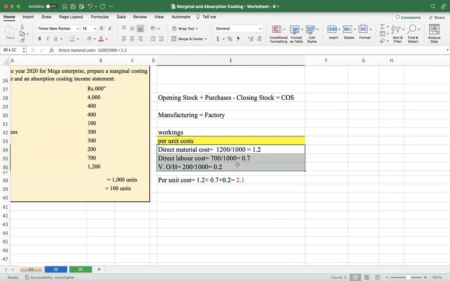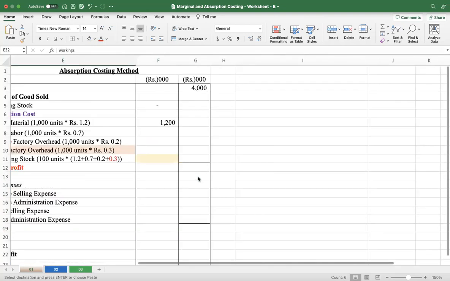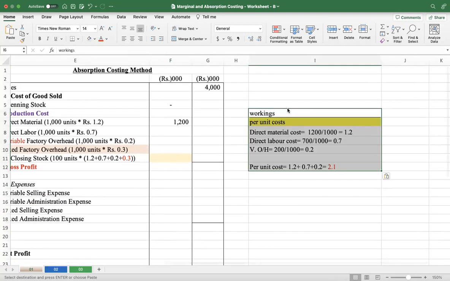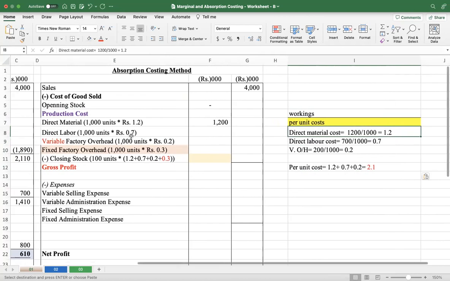I will just copy paste this, and if there are any changes, I will change it, because the question is the same. So the direct material cost is 1,200. Cost per unit will be 1,200 divided by 1,000, the number of units produced. Then you will get the per unit direct material cost as 1.2.